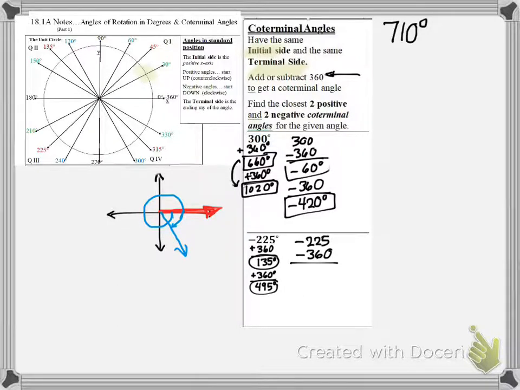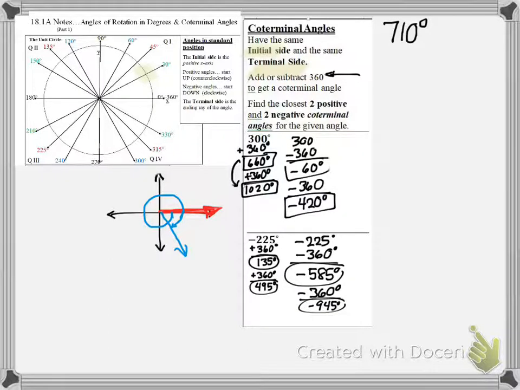Again, notice I might be lazy about putting the degrees in my workspace, but I always put them into my answer. So negative 225 minus 360 would take me to negative 585 degrees. And take that, subtract another 360 degrees, and that would take me to negative 945 degrees.